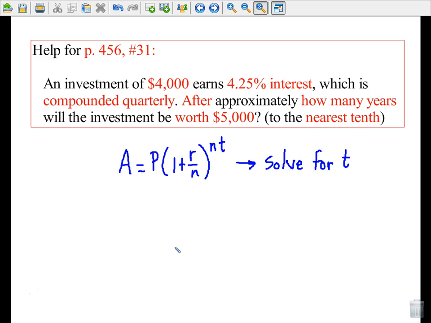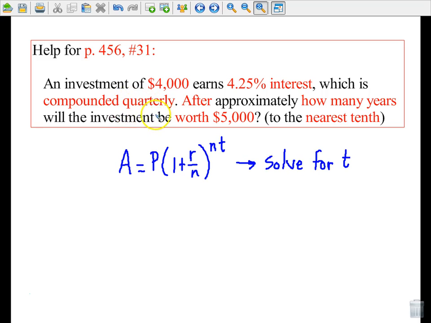Okay, so the reason why I'm using this formula for compound interest is because it's not compounded continuously. Notice this is quarterly compounding. The only time I use the continuous PERT formula is when it says compounded continuously.